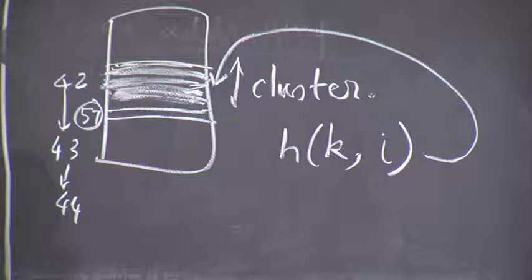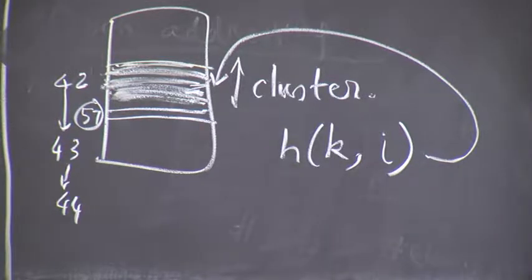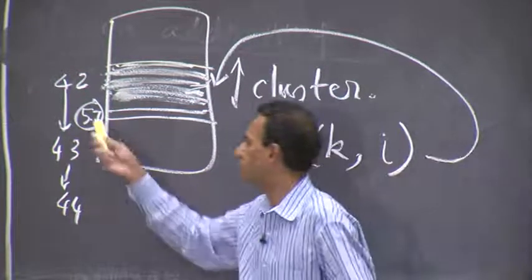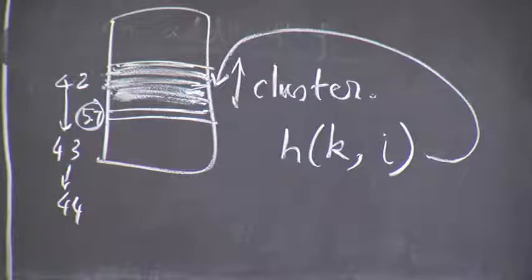Right? So you're going to try 15 times in this relatively dumb fashion to get to the open slot, which is 57. And oh, by the way, at the end of this, you just increase your cluster length by 1. All right? So it doesn't really work.